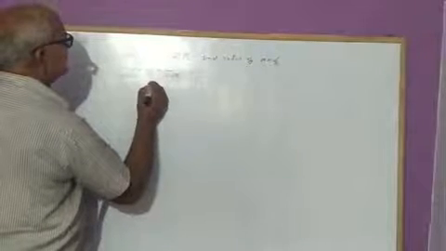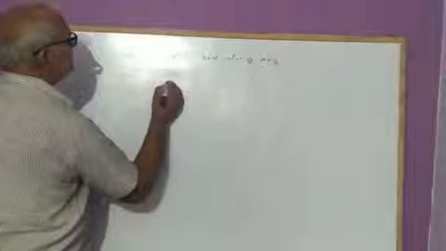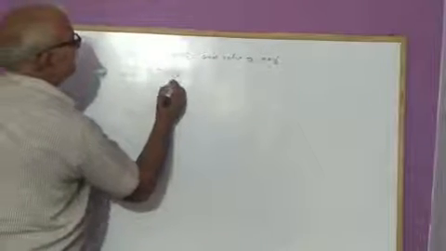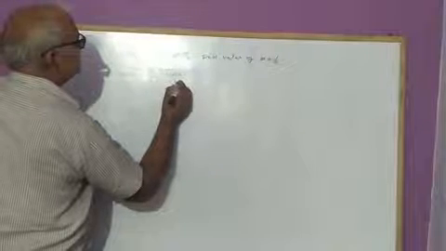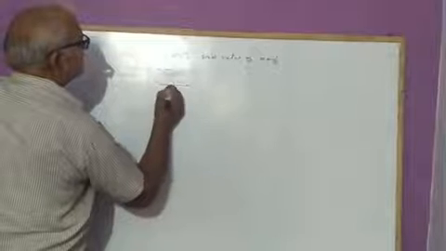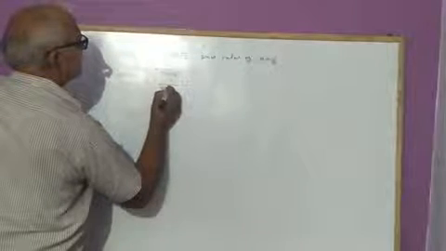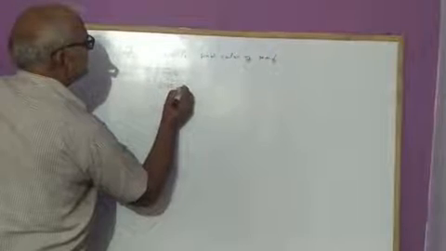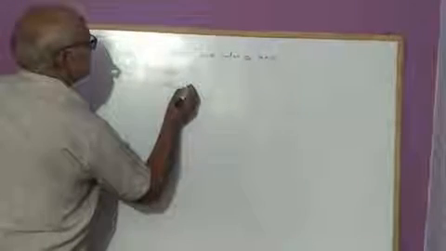Then 1 by x is equal to 1 into the changed sign of the denominator, therefore 3 minus 2 root 2 upon 3 plus 2 root 2 and 3 minus 2 root 2. There is no change of value.